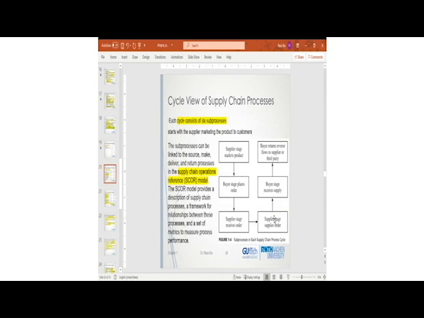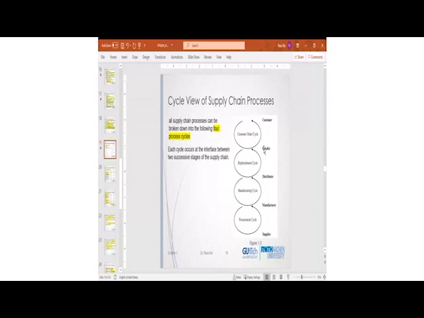And I explained that in each part of supply chain, you can assume that the cycle includes the supplier and a kind of buyer. So as you can see here, you have supplier, buyer, again between distributor and retailer. So in each cycle, you can assume that there is one supplier, there is one buyer.